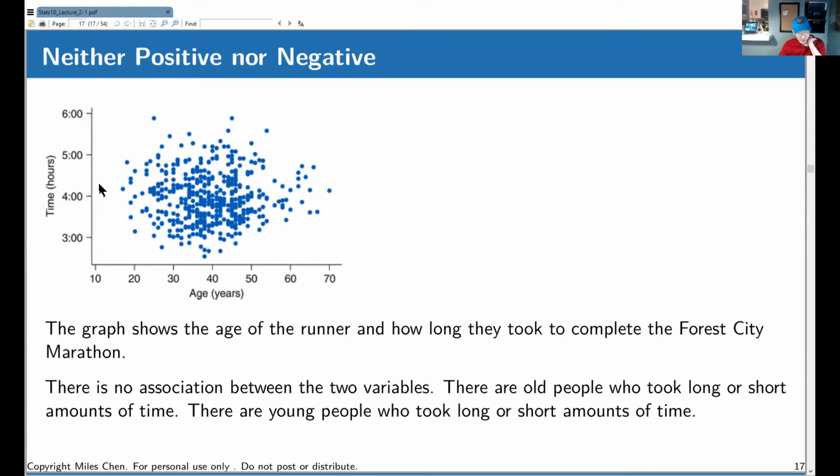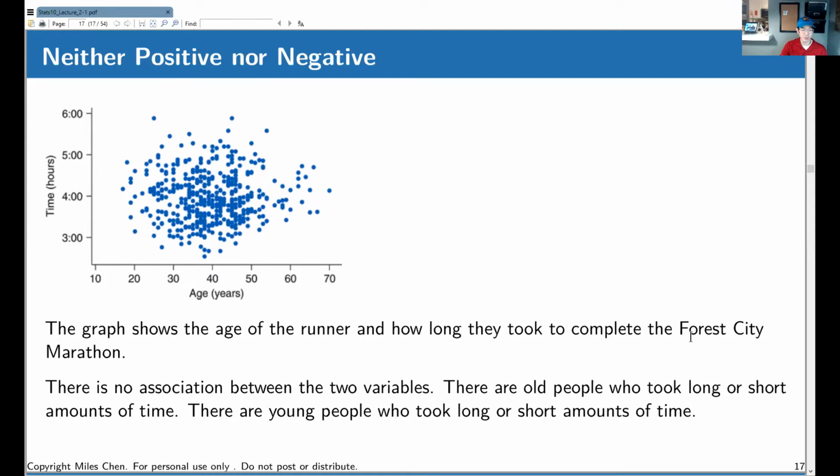A lot of people take around 4 to 5 hours to finish, somewhere between 3 and 5 hours. As far as the people competing in this marathon in Forest City, it's probably not a super highly competitive one, not like the Boston Marathon.